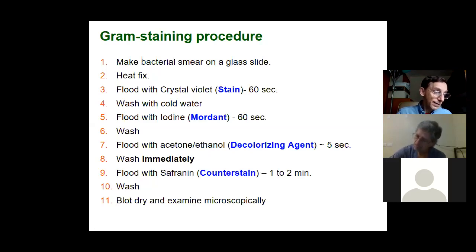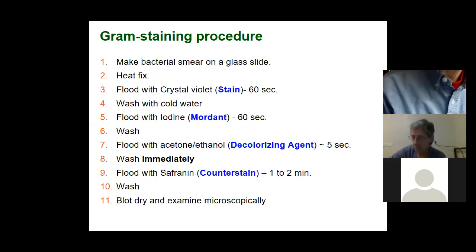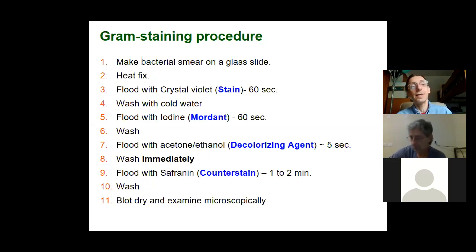That does something else, which is that it tends to kill the bacteria. It does not kill endospores, but most bacteria are killed simply by air drying and heat fixing. Generally, we don't want to handle slides that have live bacteria on them, and air drying and heat fixing removes that problem.